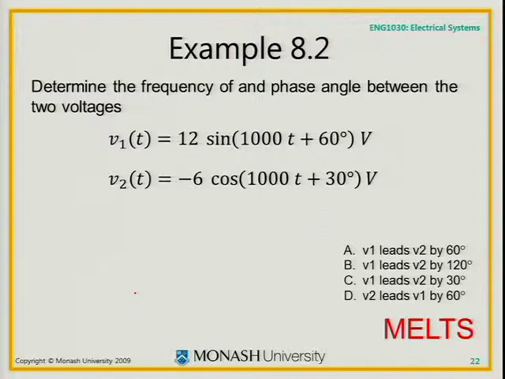You might have to use the relationships that were just on the previous slide: converting cos to sine, getting rid of negative signs out the front. Feel free to chat, make noise.